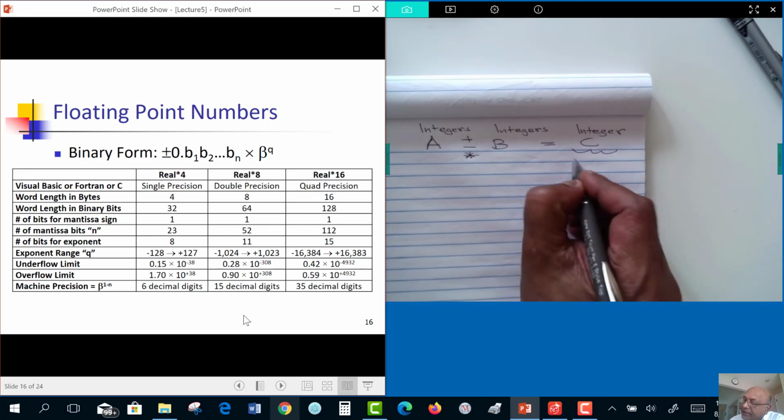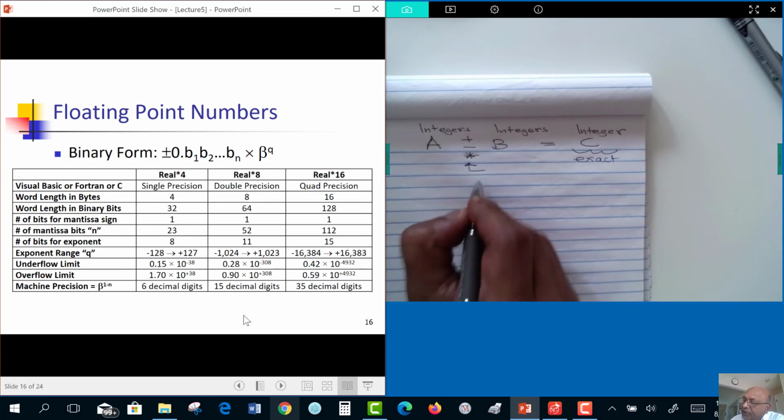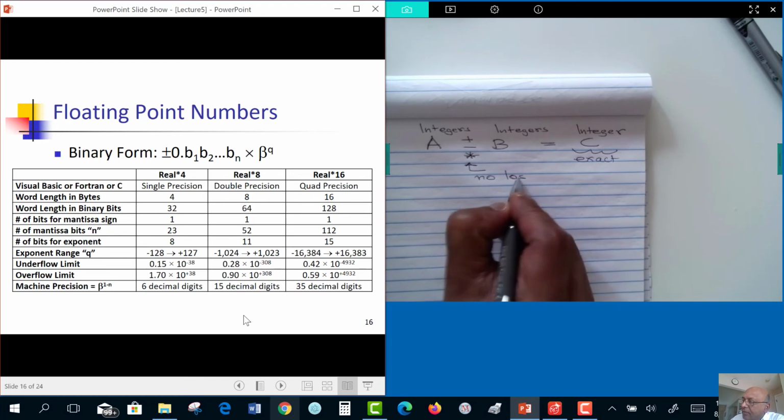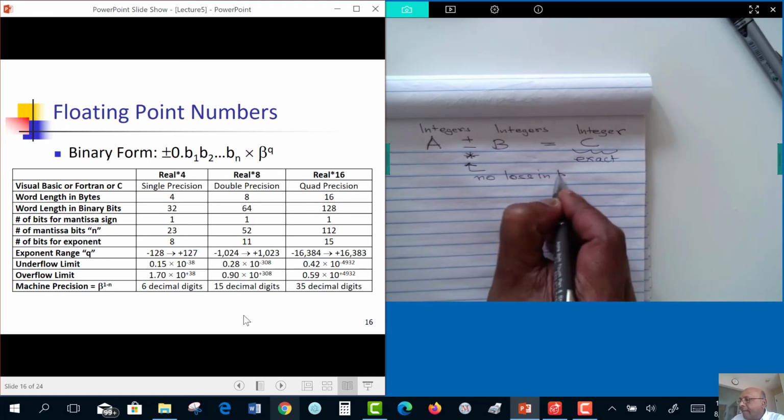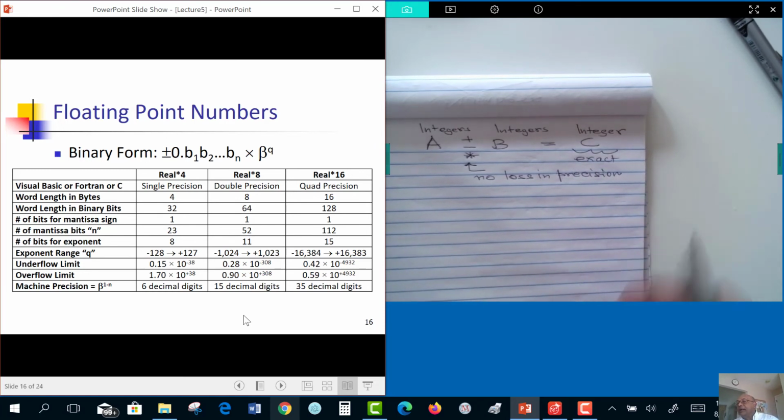And this is the exact answer. So there is no loss in precision. The only problem may be the overflow or underflow limit.